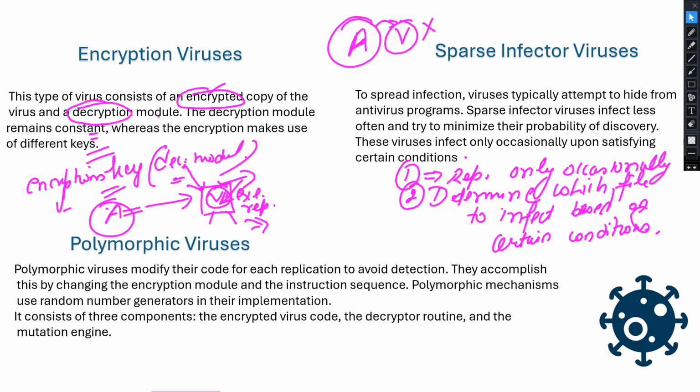This is the very first thing you have to know: what are the different types of viruses that can hide themselves from antivirus? Second, are they capable of replicating to another system or not?